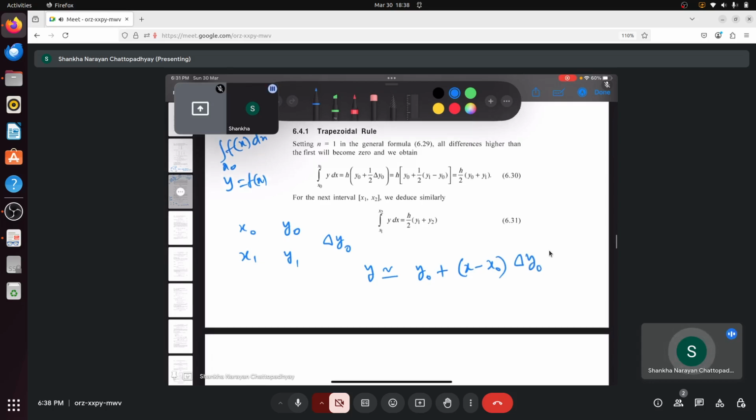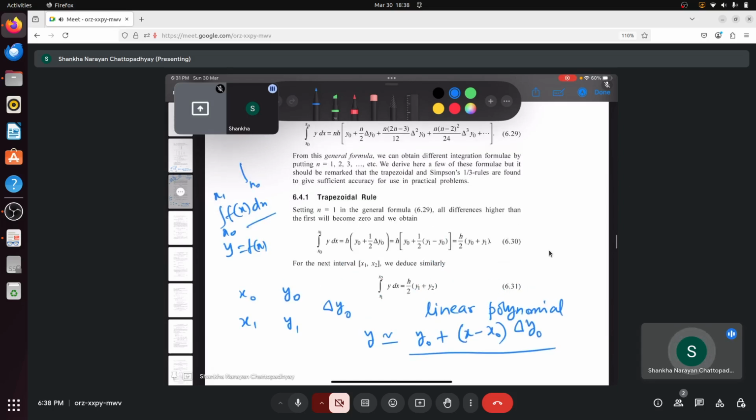Now this is simply a linear polynomial. It is tough for you to integrate y dx from x0 to x1 where y equal to f(x), but you definitely can integrate this simple polynomial.